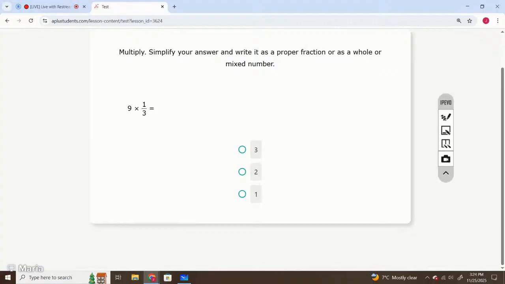So, 3 times what number is 9? 3 times 3 is 9, right? That is 3. Option number 1 is the correct option.